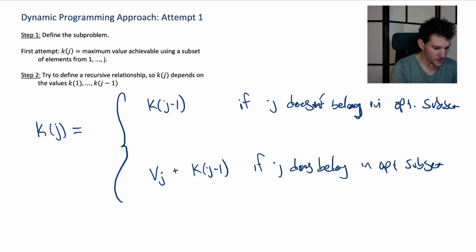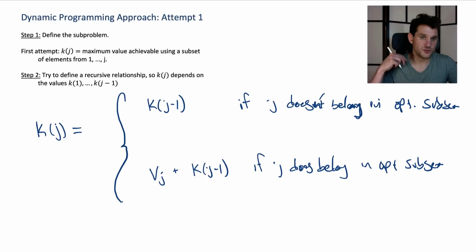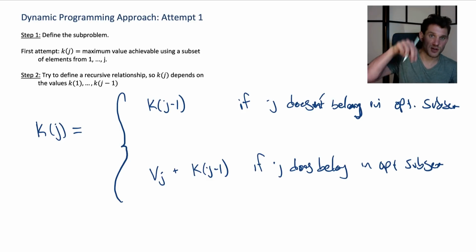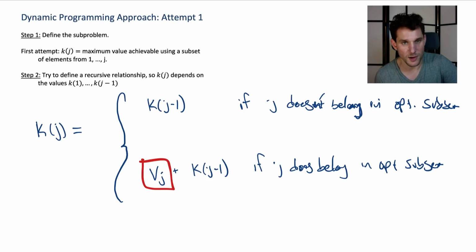So if j doesn't belong in the optimal subset, then we can just forget j and reduce to the case of finding the optimal subset up to and including j minus 1. And if the jth item does belong in the subset, then we are going to get value v sub j from it plus the optimal value subset up to and including the first j minus 1 elements.